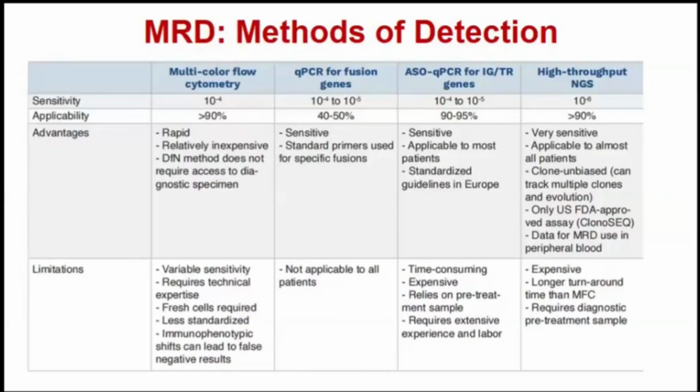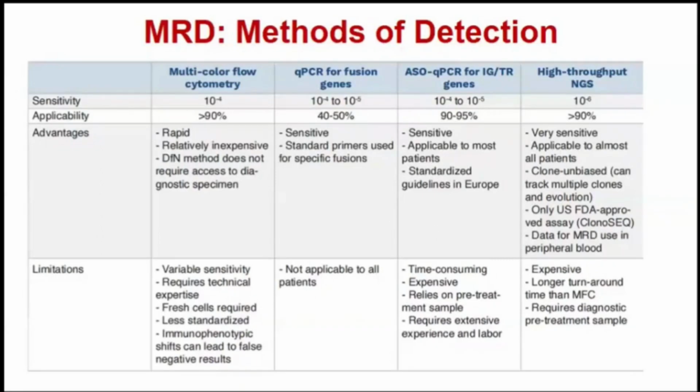The basic preview for using flow cytometry is that it is very rapid, relatively inexpensive, and, different from the molecular method, does not require access to the diagnostic specimen. So this is one of the basic advantages, I should say, why the majority of labs are using flow cytometry in the Indian context.